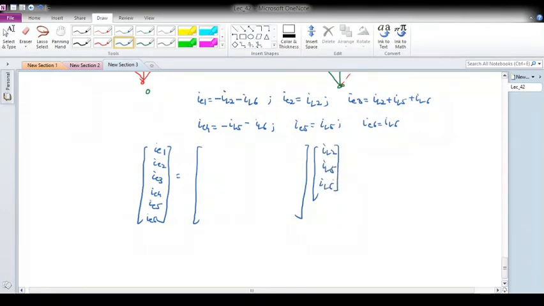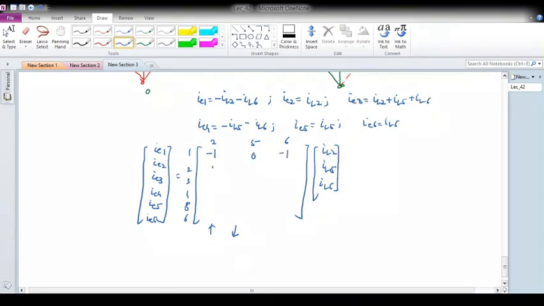And how is the relation? That can be known from the B matrix. What is for I1? It is minus IL2, with columns 2, 5, and 6, and rows 1, 2, 3, 4, 5, 6. So minus IL2 means minus 1, and minus IL6 means minus 1.